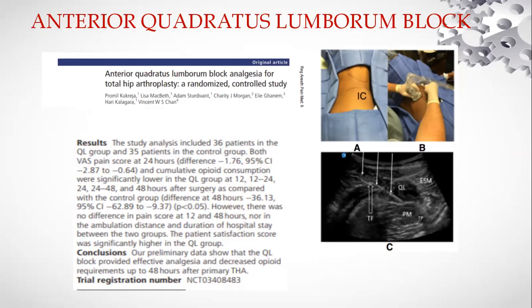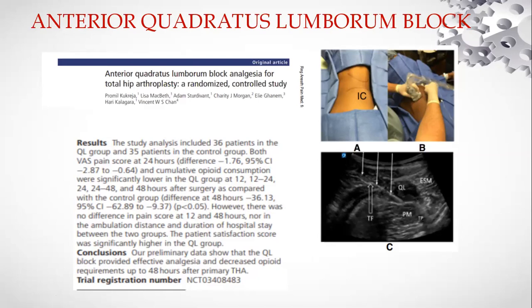Keeping this in mind, we do an anterior quadratus lumborum block, also known as the QL3 block. As you can see in the image, when you go between the QL and the ESM, you're performing a posterior quadratus lumborum block. Here we are going between the quadratus lumborum and the psoas major and depositing the drug there. So this will be the anterior quadratus lumborum block.